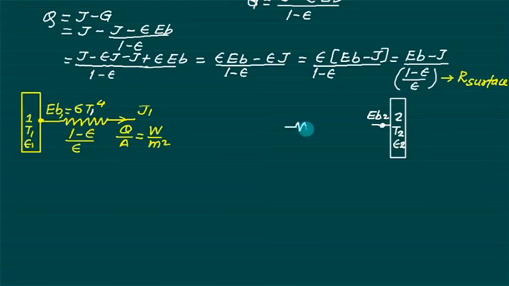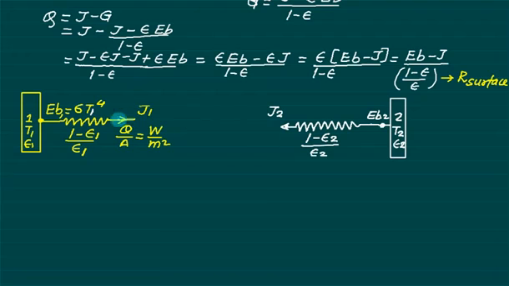When the radiation from this goes to body number 2, it has a surface resistance, in this case 1 minus epsilon 2 upon epsilon 2. And in this case, the value will be 1 minus epsilon 1 divided by epsilon 1. From this one we have J2 as a radiosity.